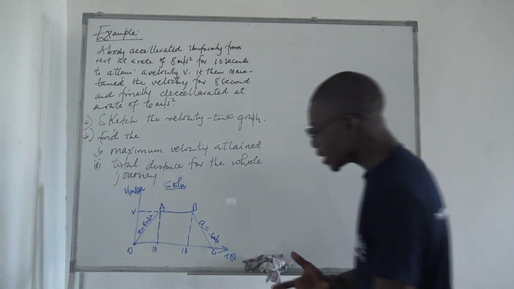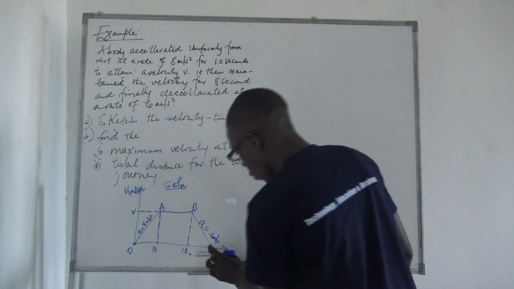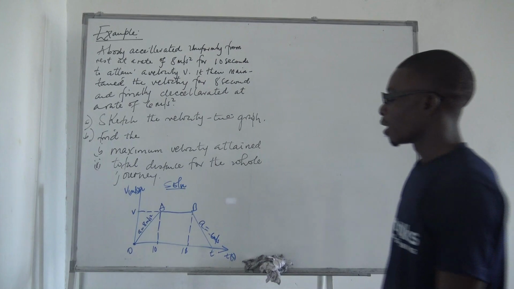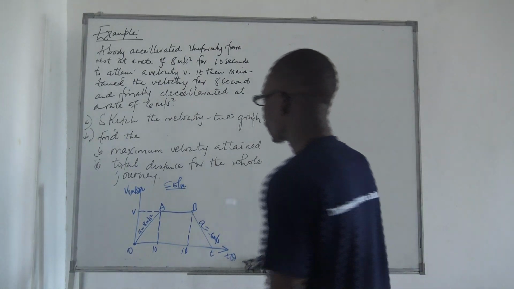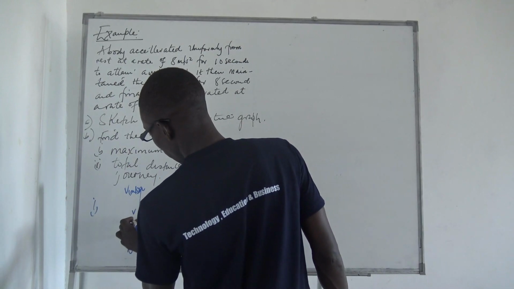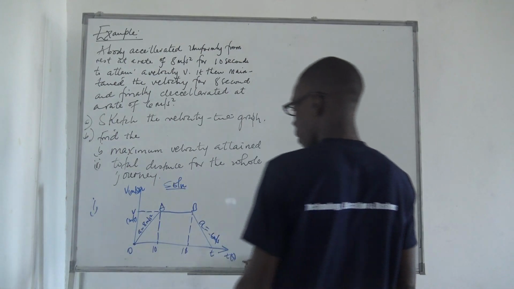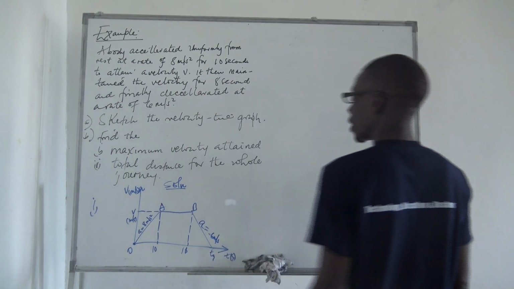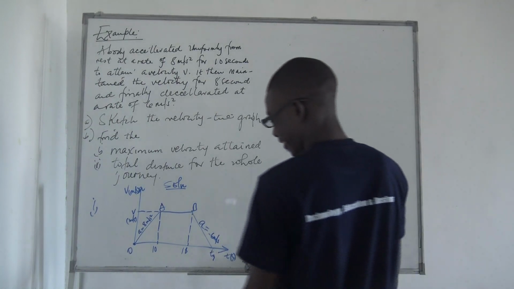So this is my velocity time graph. Now the issue is we don't know the time which is supposed to be here. We don't know the time which is supposed to be there. So sketch the velocity time graph. It is this one here. It is in meters per second. Time in seconds. I can call it T3.